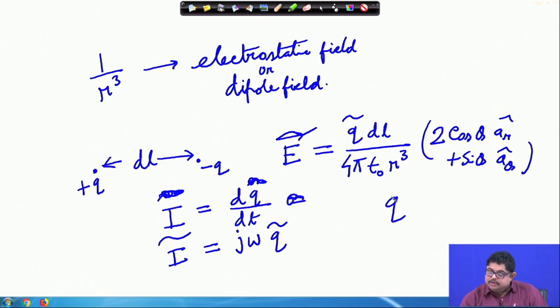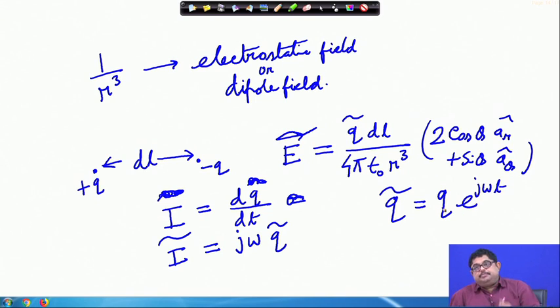is the q phasor? The q phasor is, if the charge is oscillating, that means the charge is going, so we can give q e to the power j omega t. It has a time variation; charge at a place has a time variation of q e to the j omega t. Then I can write this.